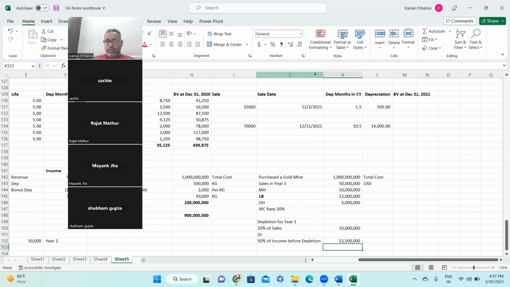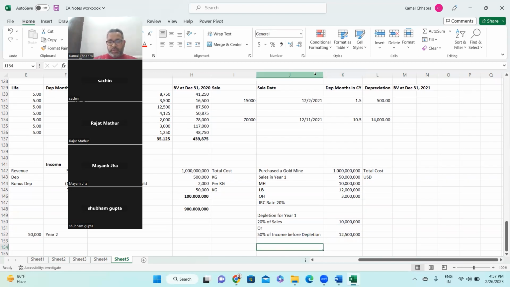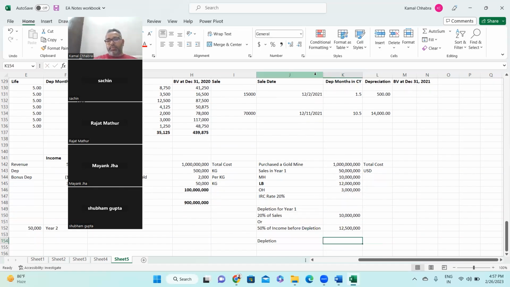So which one is lower? $10 million. So the depletion amount is $10 million. That's how you do the calculation.